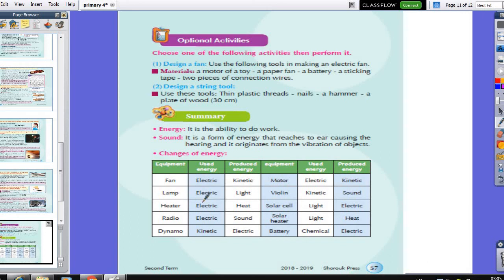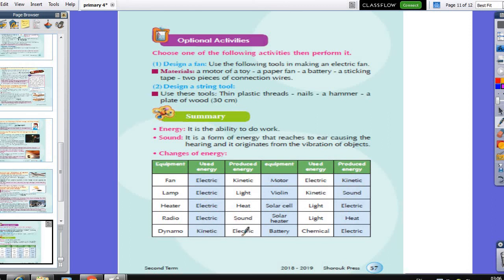Electric heater, of course, because you must differentiate between solar heater and electric heater. Electric heater, from electric energy to heat energy. Solar heater changes the energy from solar energy to heat energy. Radio, electric to sound.